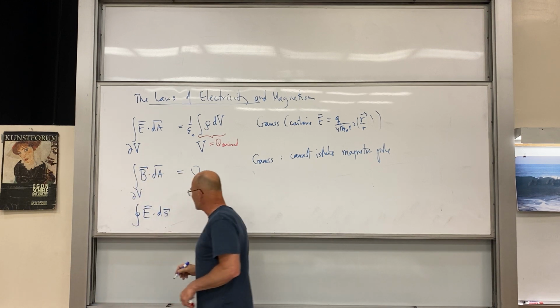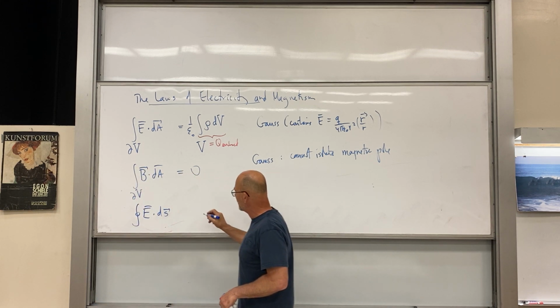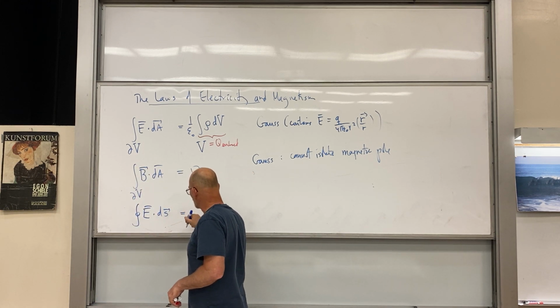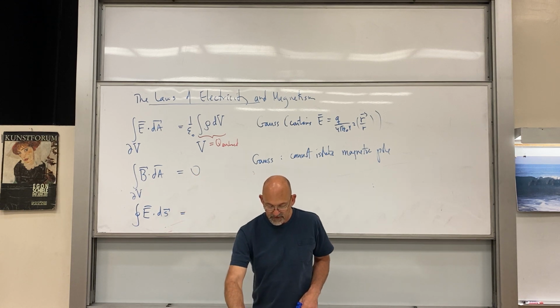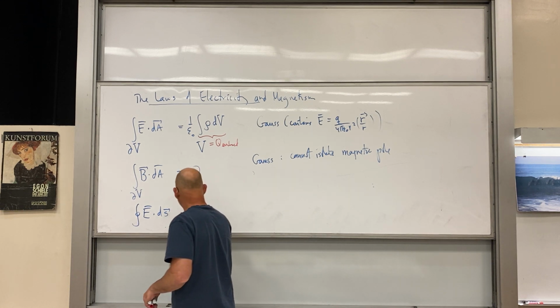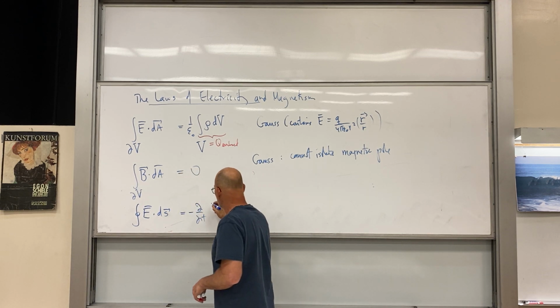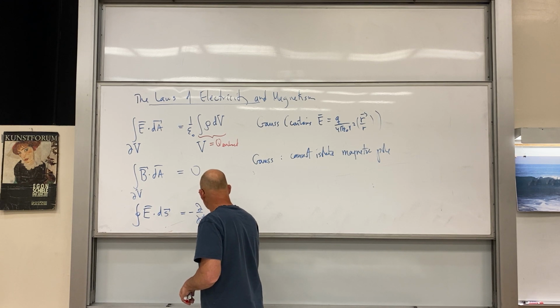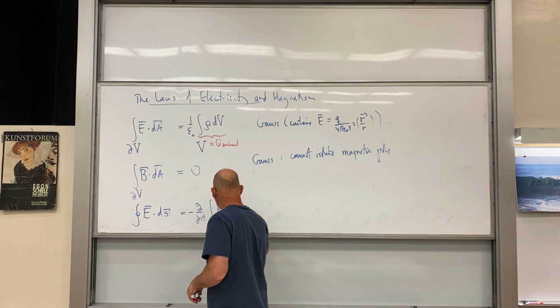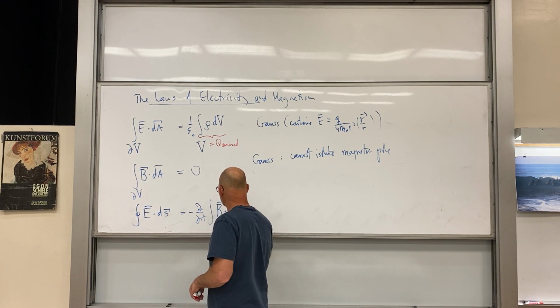I'm going to describe these integrals a little bit more. And we're going to go ahead and put the surface integral right away. So it's minus the time derivative of the integral B dot dA, which is the flux integral.